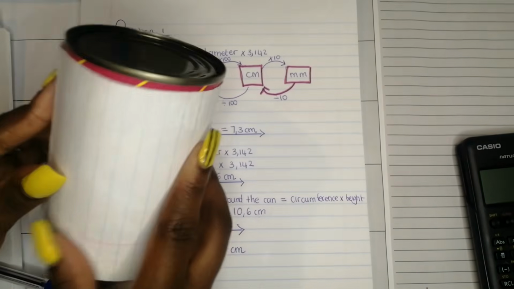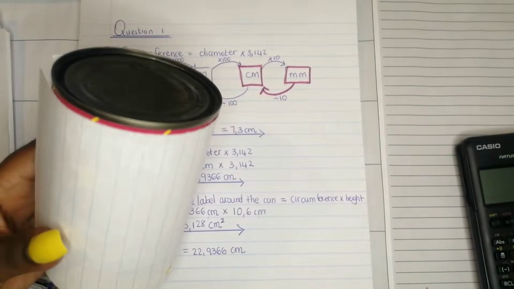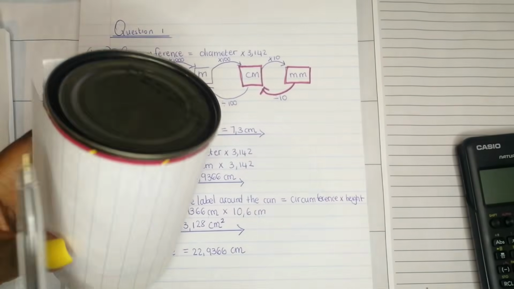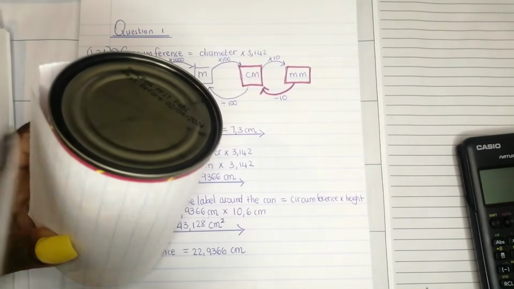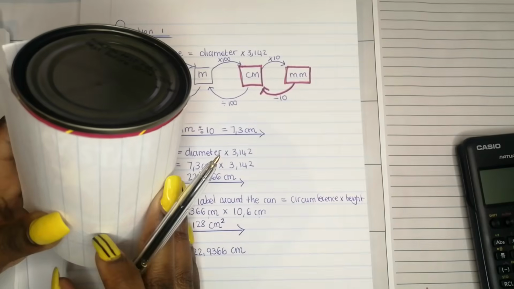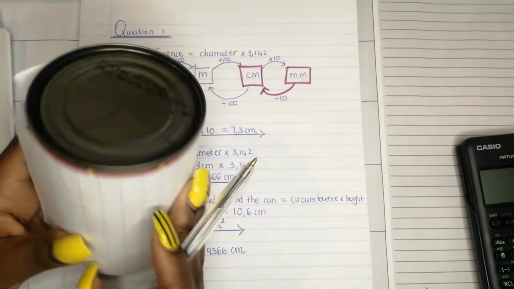We said that the circumference is the distance that surrounds the whole circle, or the perimeter of this whole circle.